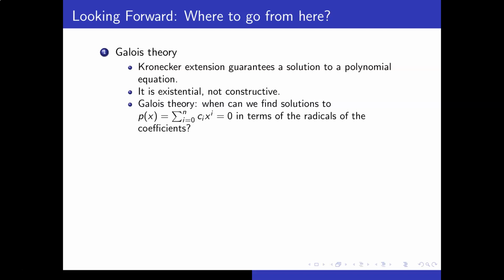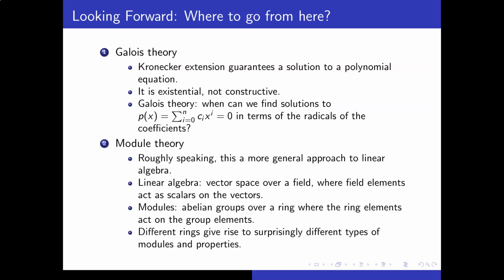So another option to look at is what's called module theory. Very roughly speaking, modules are sort of ring analogs to vector spaces. Vector spaces exist over fields. Modules exist over rings. So rather than taking your coefficients or your scalars from a field, you're going to take them from a ring.